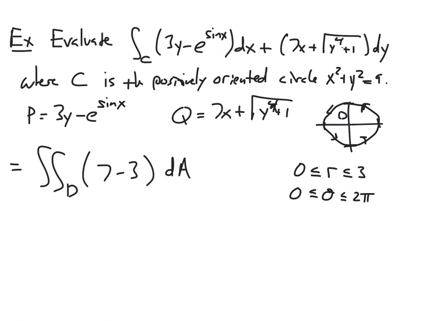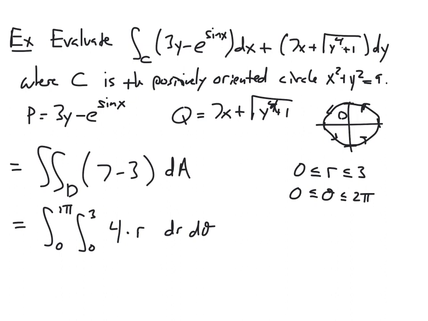Converting to an iterated integral in polar coordinates, we have the integral from 0 to 2 pi, d theta, of the integral from 0 to 3, dr, of the function 4, and remember that when we convert to polar coordinates, we have to multiply by r.